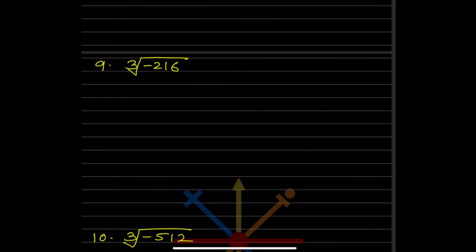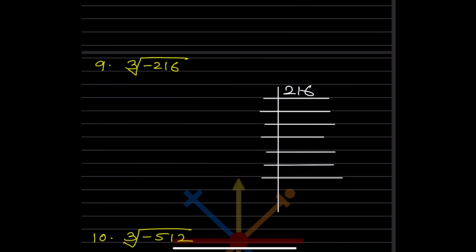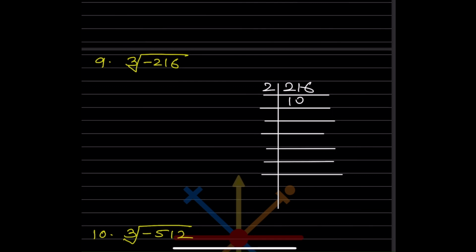So now let us see here, this is negative 216. So now first let us take the factors of 216. So it is going to be 2 27s are, 3 9s are, 3 3s are, and 3 1s are. So what we are going to write here, we can write this is negative 1.